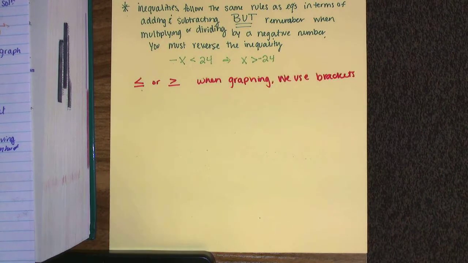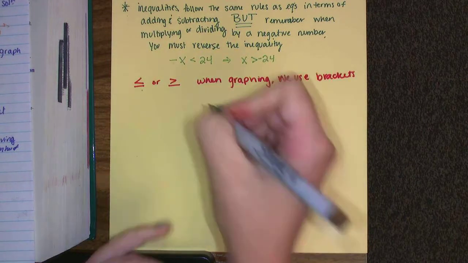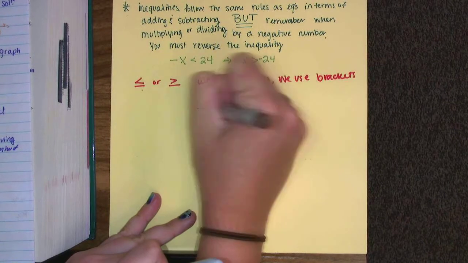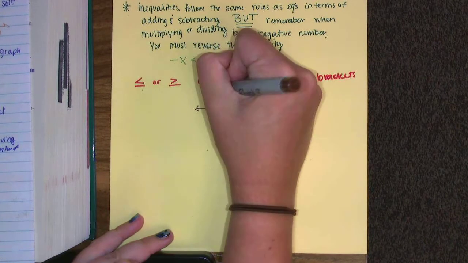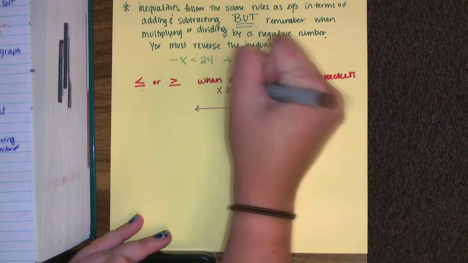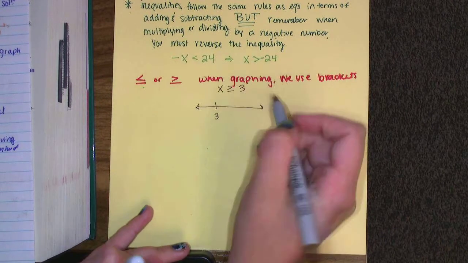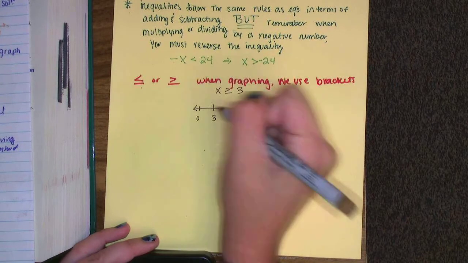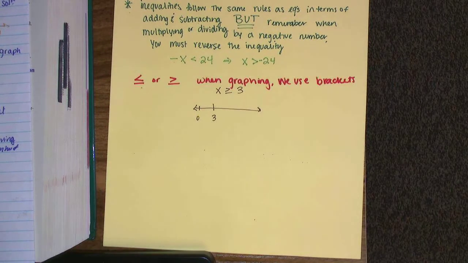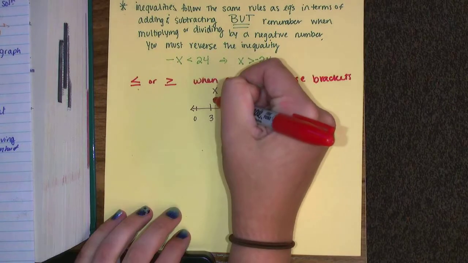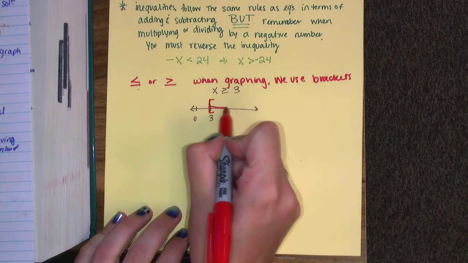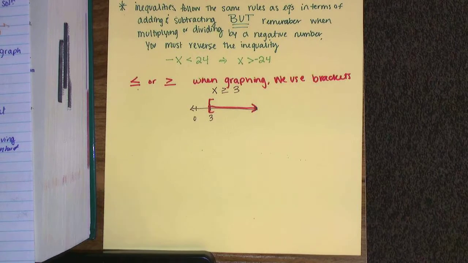Okay, so an example of that would be if I set up a graph. Let's just say x is greater than or equal to 3. Then on my graph, I have 3, there's 0 over here, and the numbers are getting bigger. X is greater than or equal to 3, so I draw a bracket, and then I draw it going that direction.